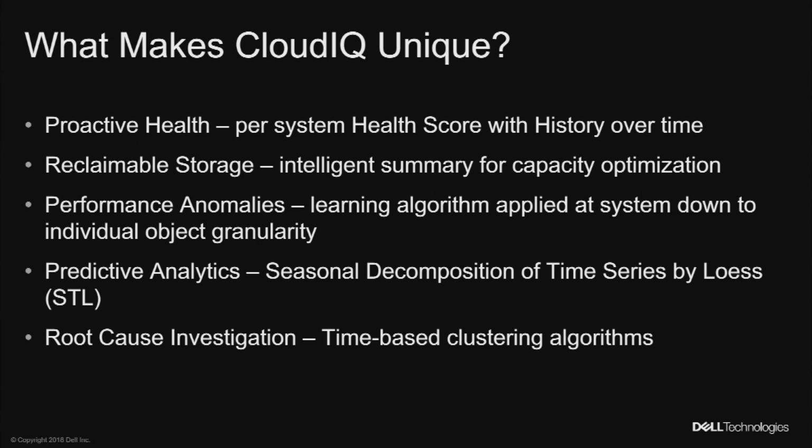We also identify storage that is eligible for reclaiming based on, for instance, no I/O, or based on, for instance, storage volumes that have never been attached to a host. So we have a listing of that. That allows you to then optimize your capacity. You can go determine whether or not that storage really is still being used, or if in fact it's abandoned storage that can be reclaimed, so you can optimize your capacity.